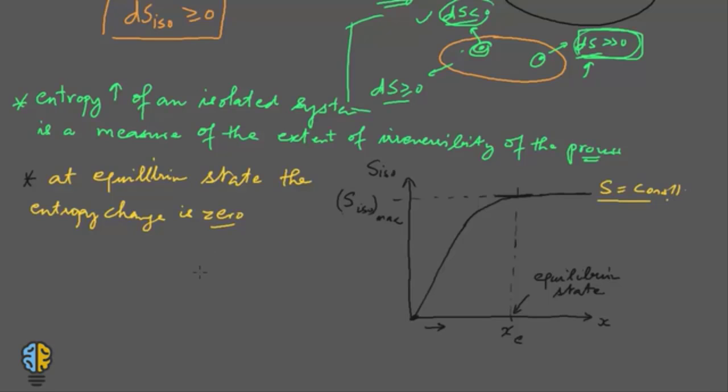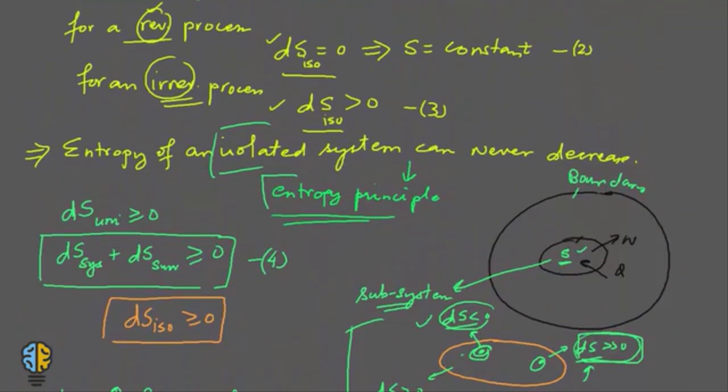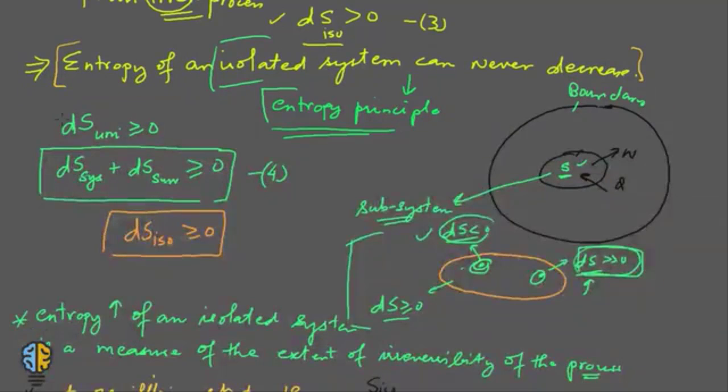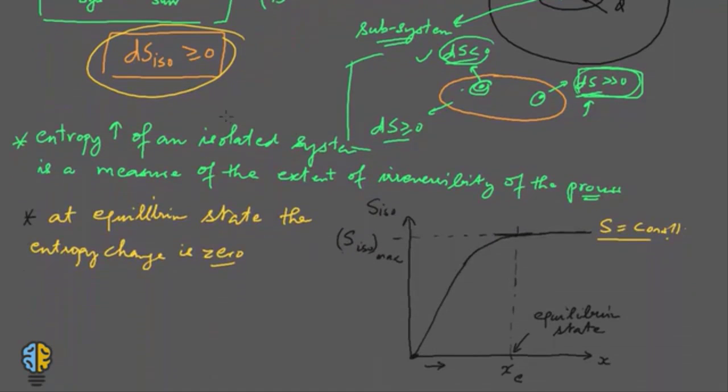So this is all that we have to cover in this topic of entropy principle. I hope you understood the key concepts, that is the definition of the entropy principle and the entropy change of an isolated system. These are some points that you need to understand and remember.